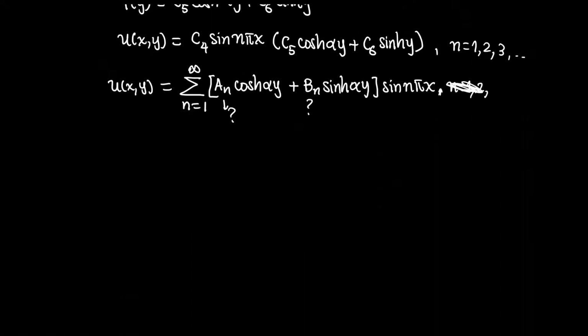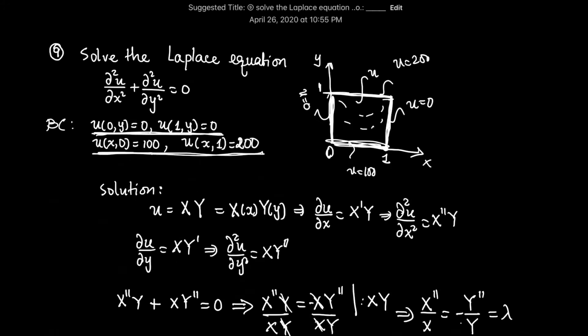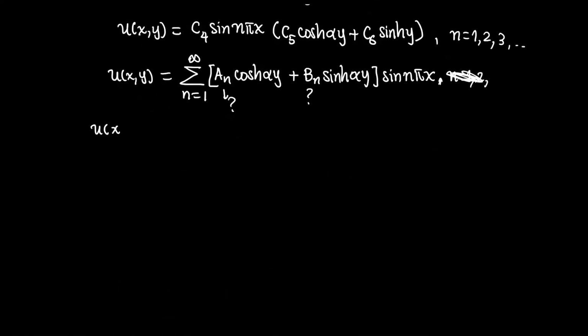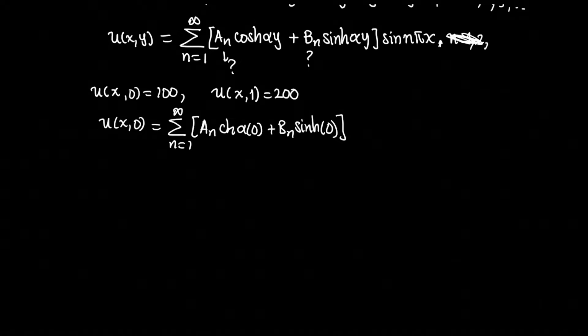Now you have two: u(x,0) equal to 100, and u(x,1) equal to 200. I'm going to use the first one, y equals 0: summation n equals 1 to infinity of an hyperbolic cos at y equals 0 plus bn hyperbolic sine at 0, times sine of n pi x, has to be equal to 100.